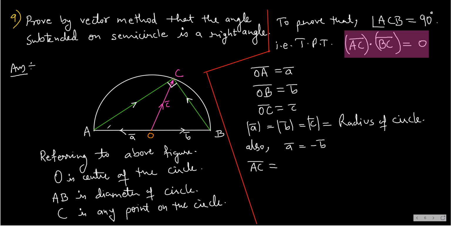AC bar is, you can see here, students. What is AC bar? By the triangle law of vector addition, in triangle AOC, AC bar will be equal to AO bar plus OC bar.